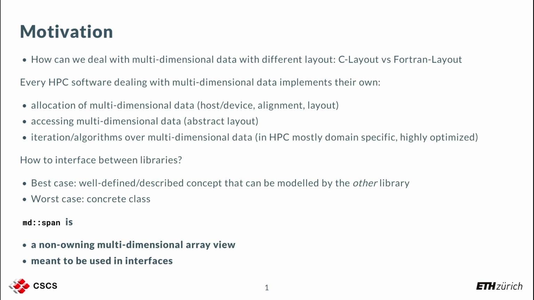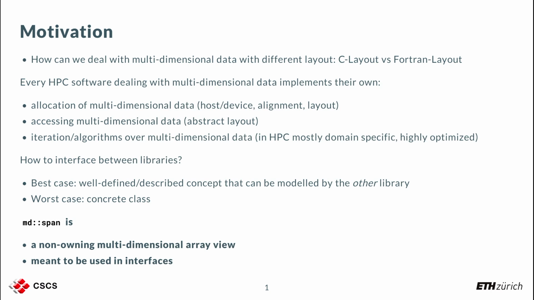Before mdspan, there's nothing in C++ that really allows you to deal efficiently with multi-dimensional data, especially if you have requirements on how the memory layout should be. If you're dealing with this kind of stuff in HPC, you are fully aware of that.